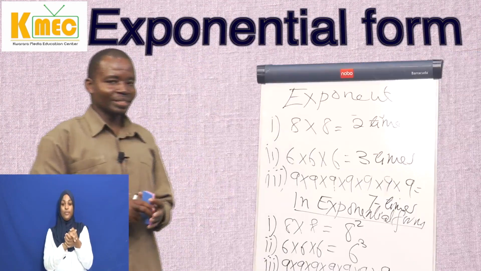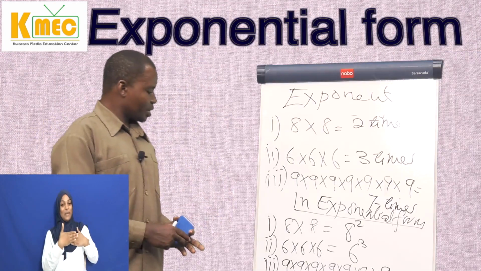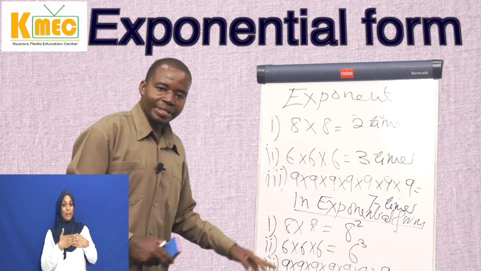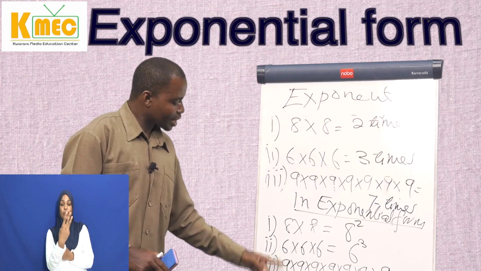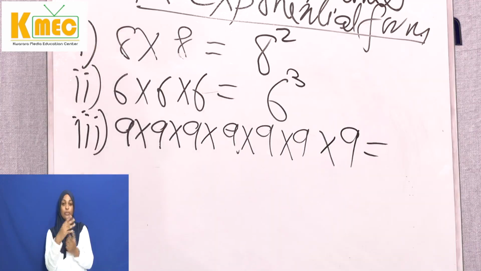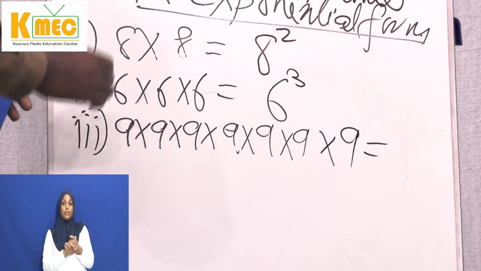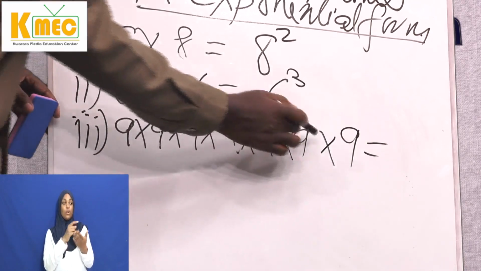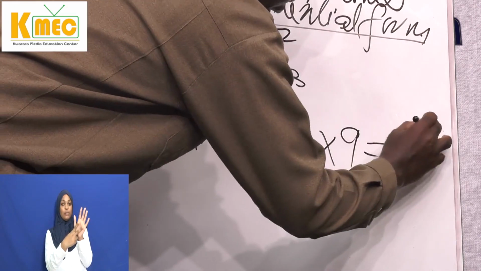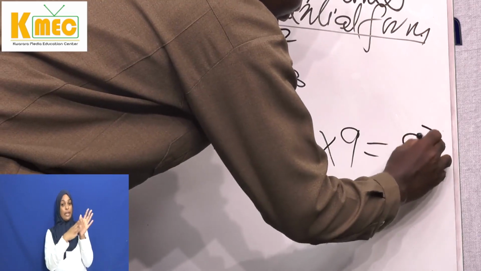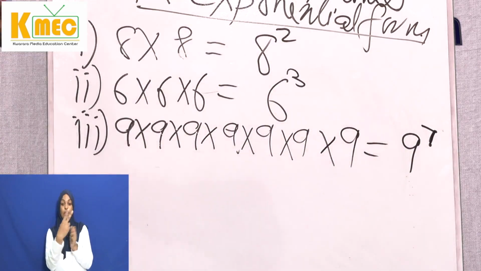Well, my pupil, we are going on to see number 3. Here, how many times has 9 been multiplied by itself? We have just counted them: 1, 2, 3, 4, 5, 6, 7. So it is 9, but to the power, or to the exponent, of 7. Now 9 exponent 7.